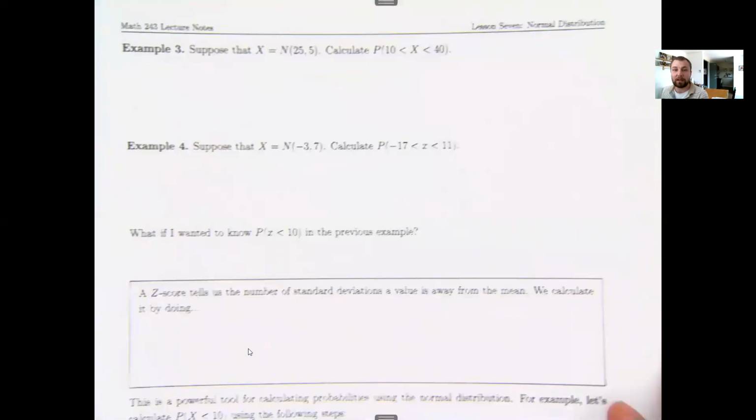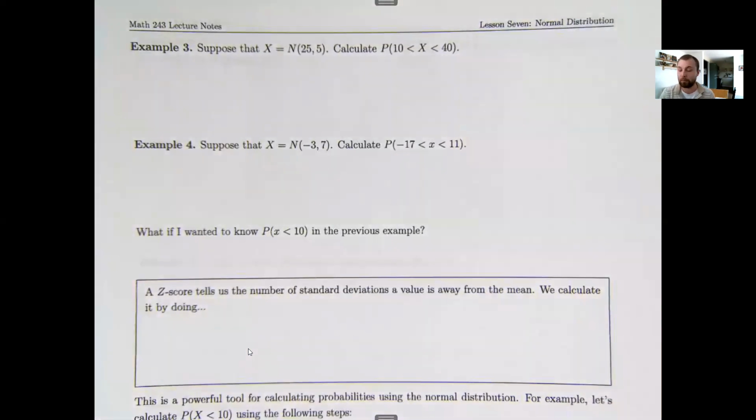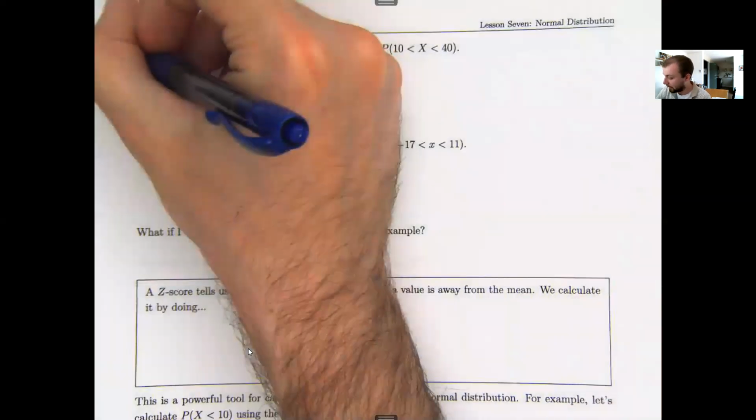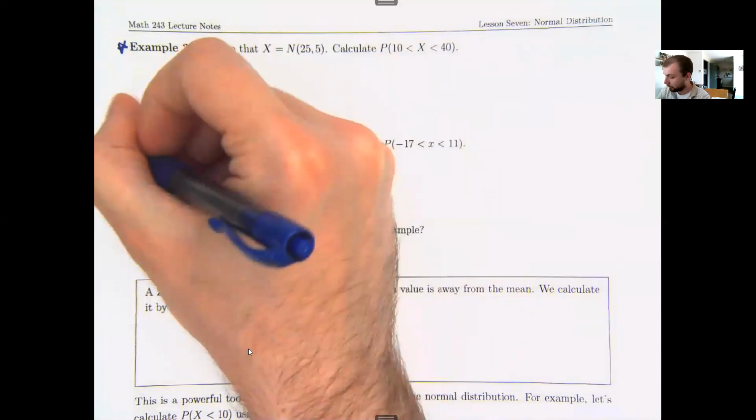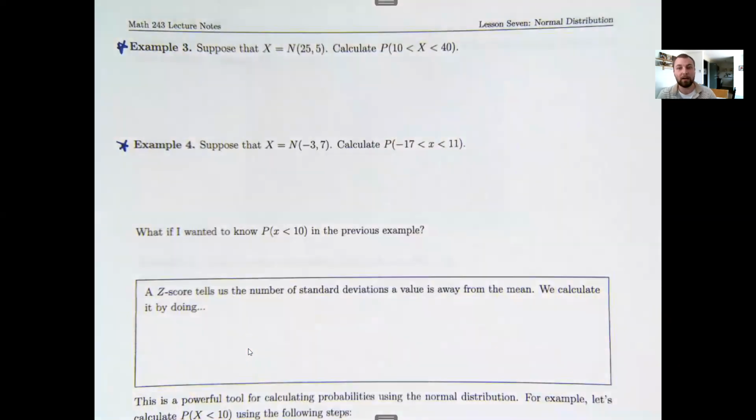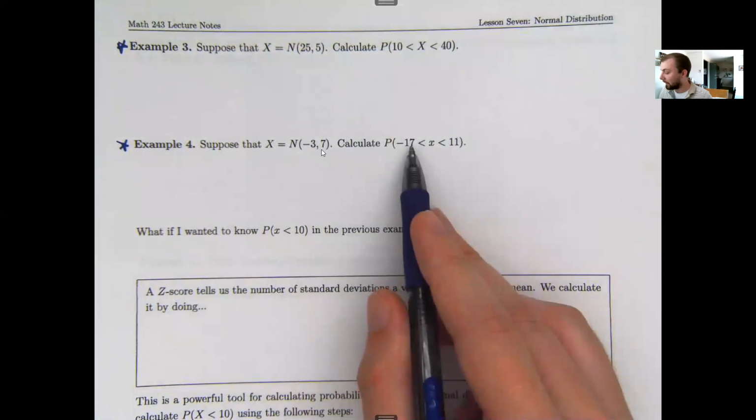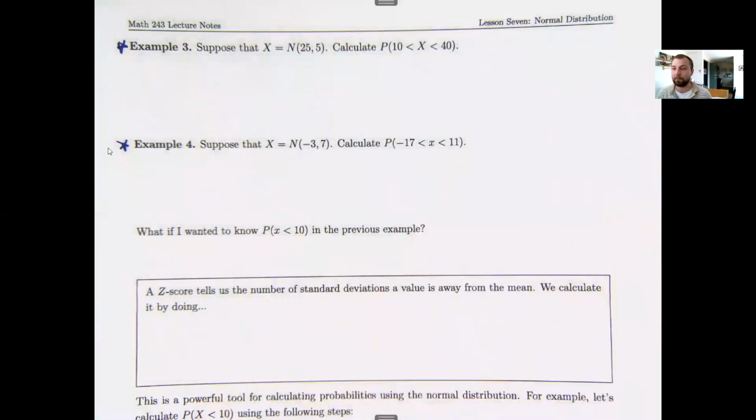Again, if you're doing this at home, pause the video, do both examples 3 and 4 here. I want you to find the area between 10 and 40 if the average is 25 and the standard deviation is 5. If the average is -3 and the standard deviation is 7, I want you to find the area between -17 and 11. Pause, try it out.